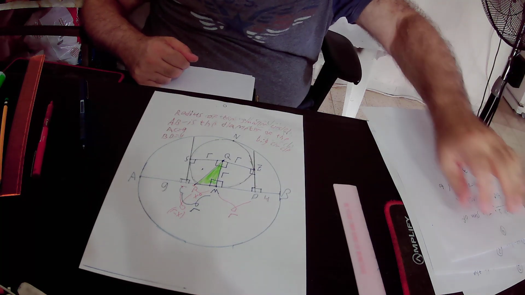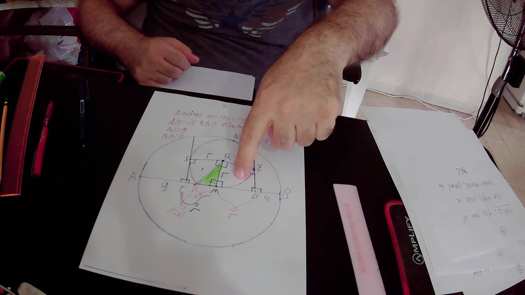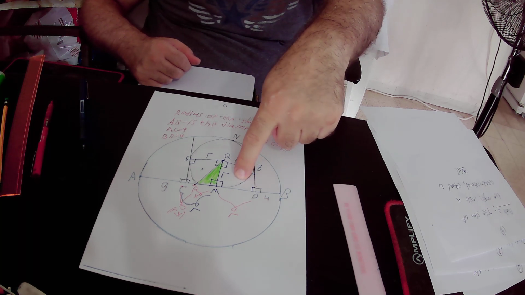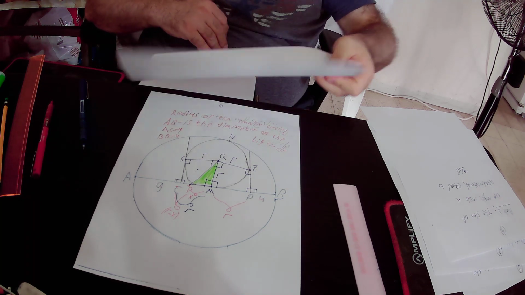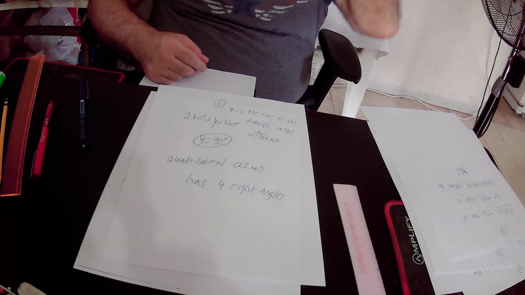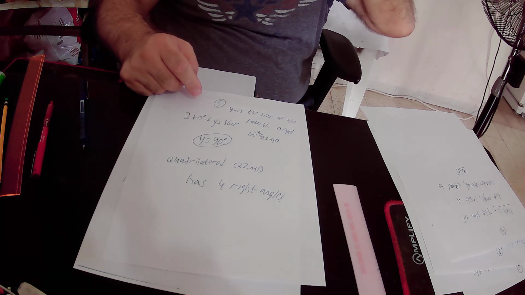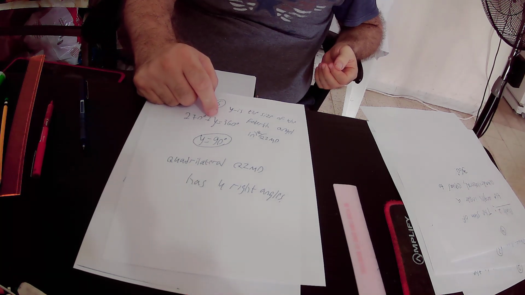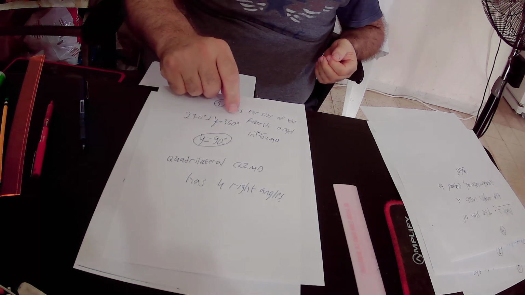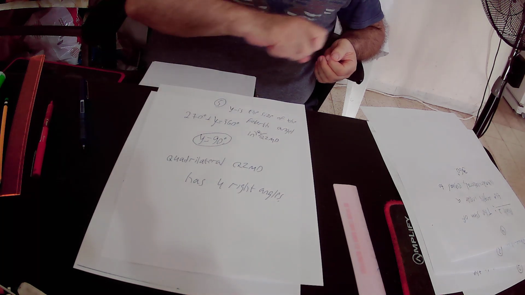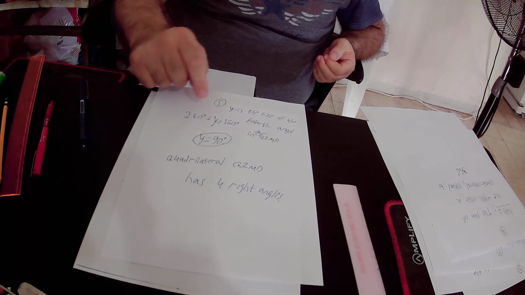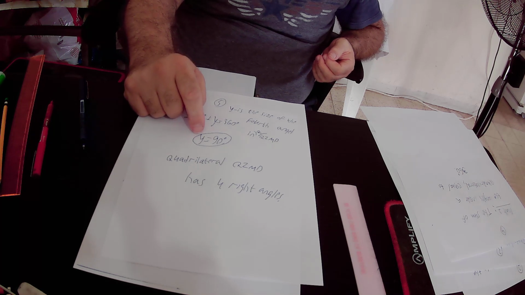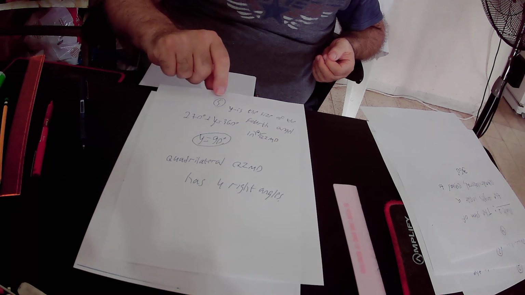So we know that the sum of those 4 angles must be equal to 360 degrees according to rule number 2. So we know that the sum of the 3 angles is 270 degrees, plus the size of the 4th angle must be equal to 360 degrees. So here we subtracted 270 degrees from this equality, and we got that y equals 90 degrees. That is to say, the size of the 4th angle is 90 degrees.